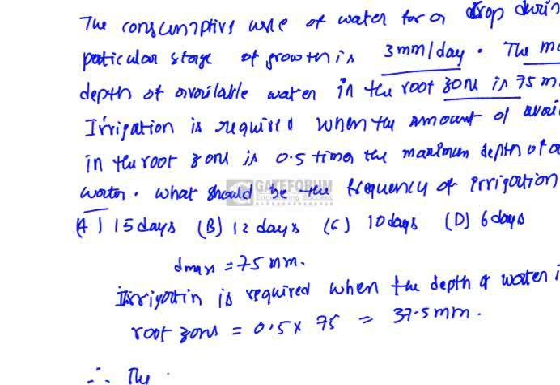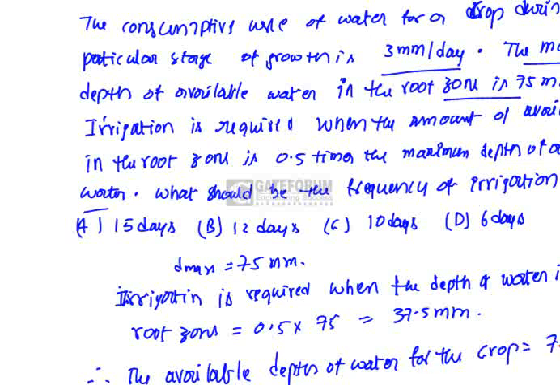Therefore the available depth of water for the crop is 75 minus 37.5, that is 37.5 mm of water depth available for the crop. So frequency of irrigation, that is, after how many days we have to apply the water, that's what we are finding.